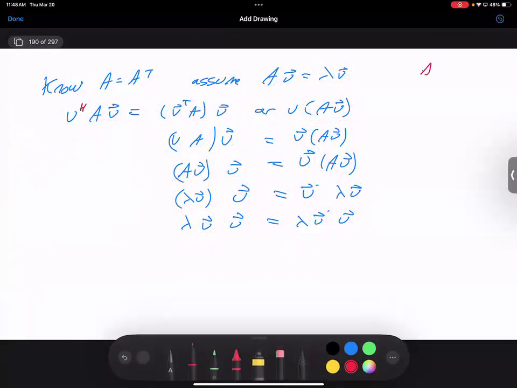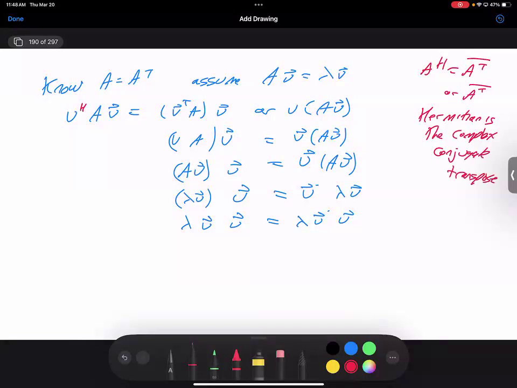And so A Hermitian is A transpose complex conjugate, or the transpose and then take the complex conjugate. So the Hermitian is the complex conjugate transpose. And so the calculation is going to be very, very similar.